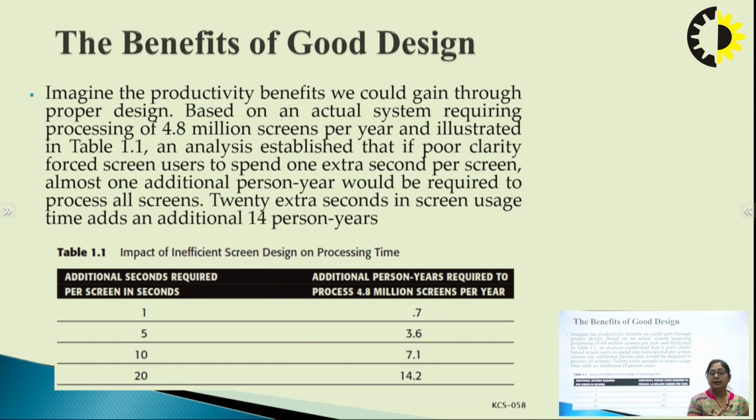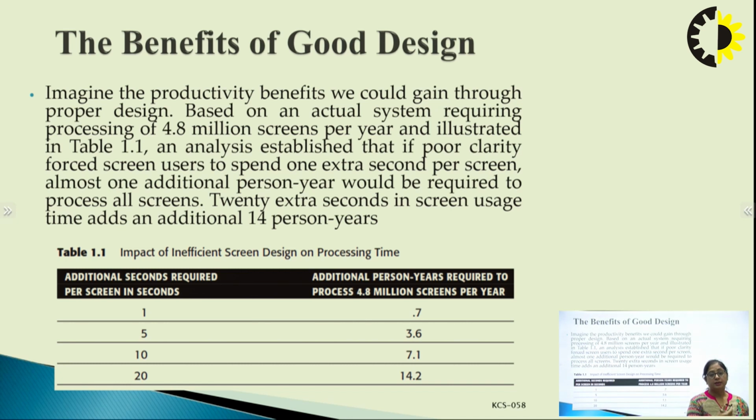Analysis established that if poor clarity forced screen users to spend one extra second per screen, almost one additional person year would be required to process all the screens. So 20 extra seconds in screen use adds an additional 14 years.